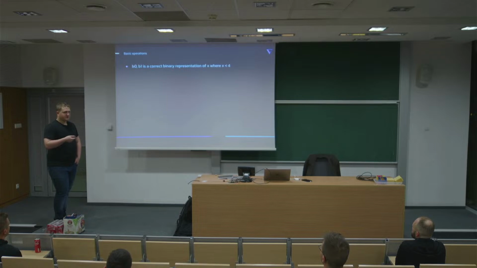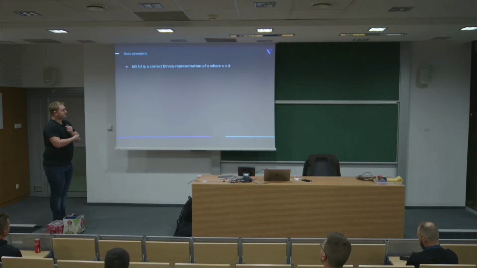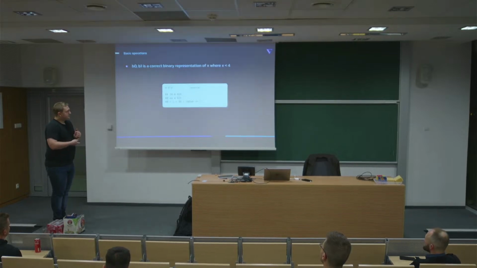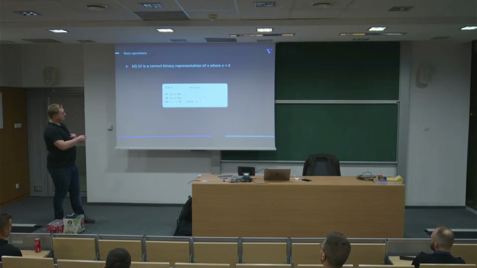Instead of doing those divisions and modulos, we call the unconstrained code, and then we check that this is actually the correct representation of x. So the idea here is we call the unconstrained code, and then we assert that B1 is a bit, which we had on the previous slide. We know how to do it.